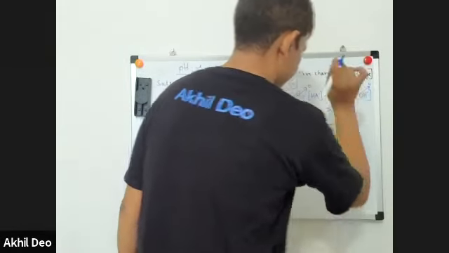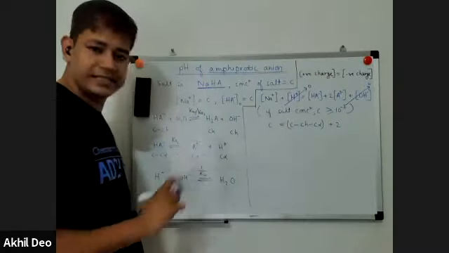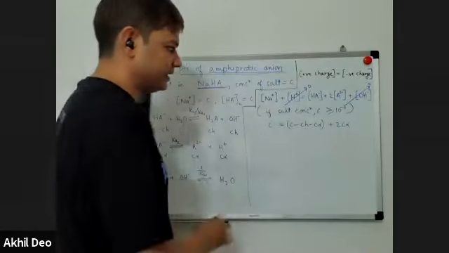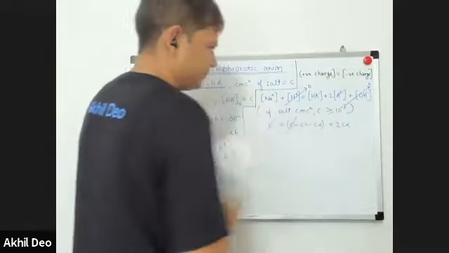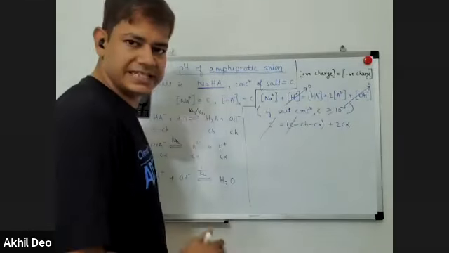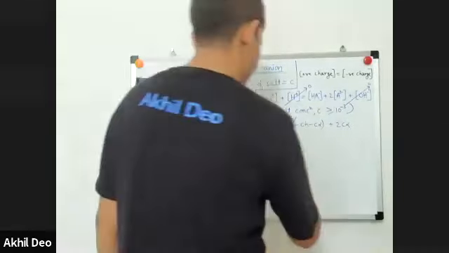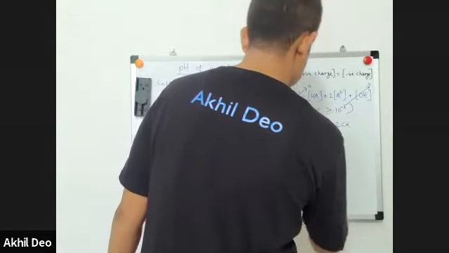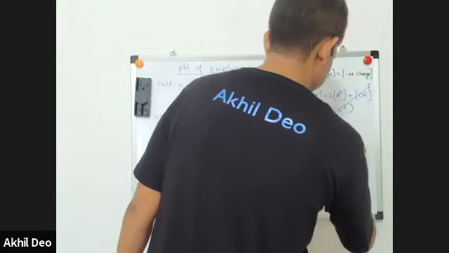Plus 2 into concentration of A2 minus. Concentration of A2 minus is C alpha. Now, if we simplify this, we'll cancel C and C. 2C alpha minus C alpha will get C alpha. C alpha minus Ch is equal to 0. Or we'll get C alpha is equal to Ch, or alpha is equal to h.